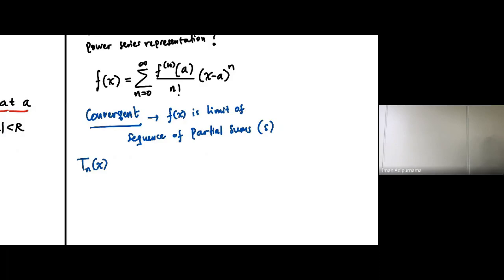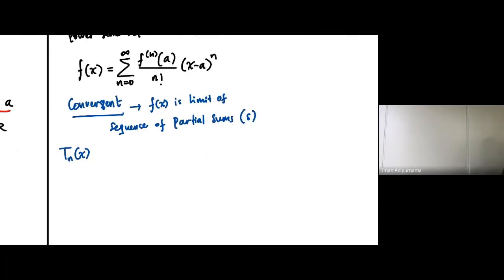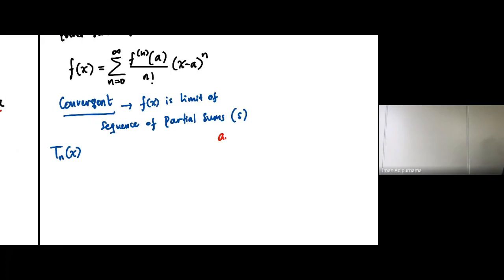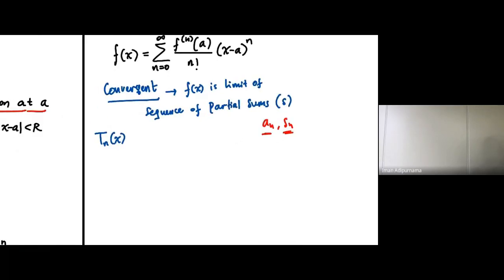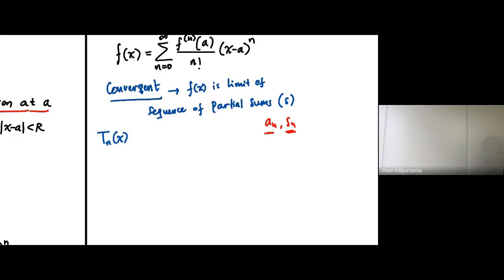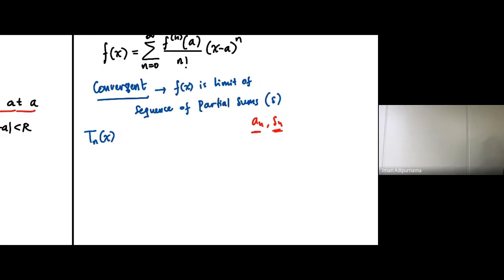So from your notes before, if you remember, we already did a n and S n, right? The S n is the partial sum, a n is a sequence. But if we are making a sequence of partial sums, the same way we did with the sequence before, we can take the limit of that. And of course, both of them will be convergent, right?